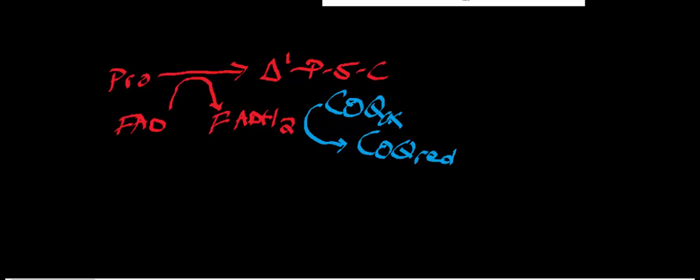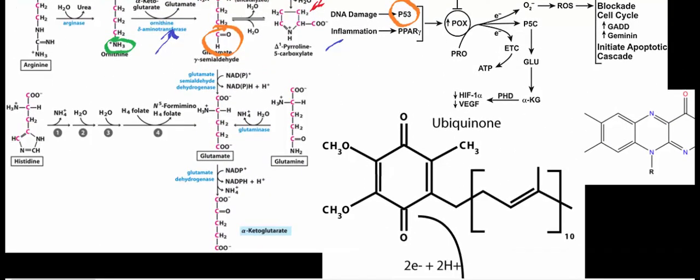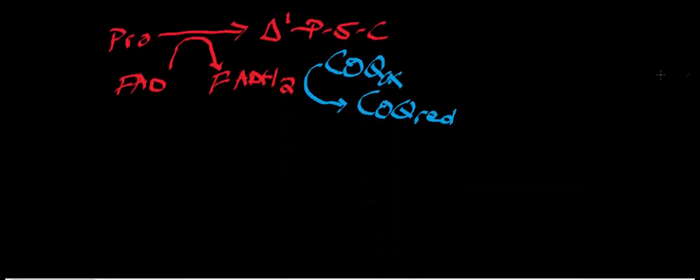And what ends up happening is if you have molecular oxygen, and this is what they're talking about in this reaction where you have 1/2 oxygen molecule, they're just talking about 1 atom of oxygen. And it can pick up the 2 electrons, so it's a 2 electron transfer.